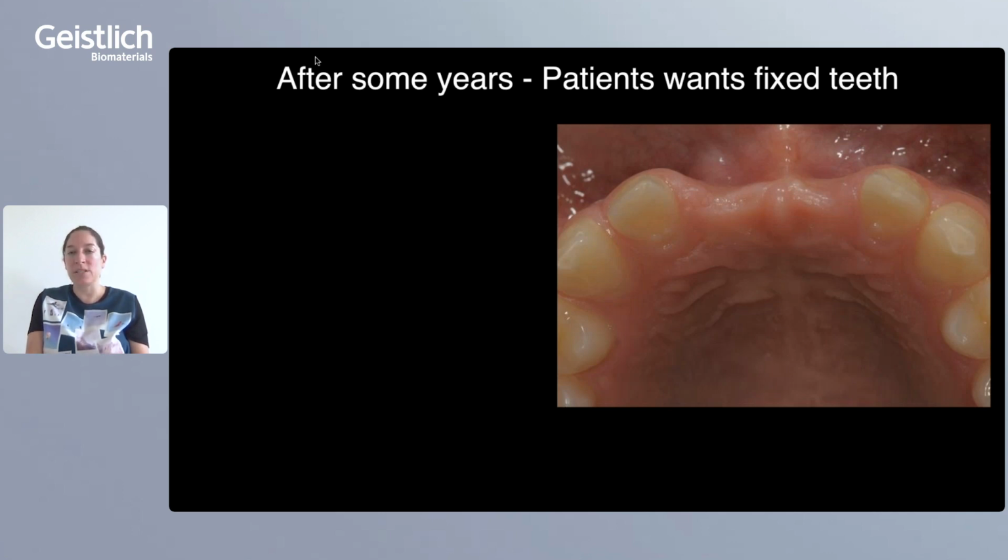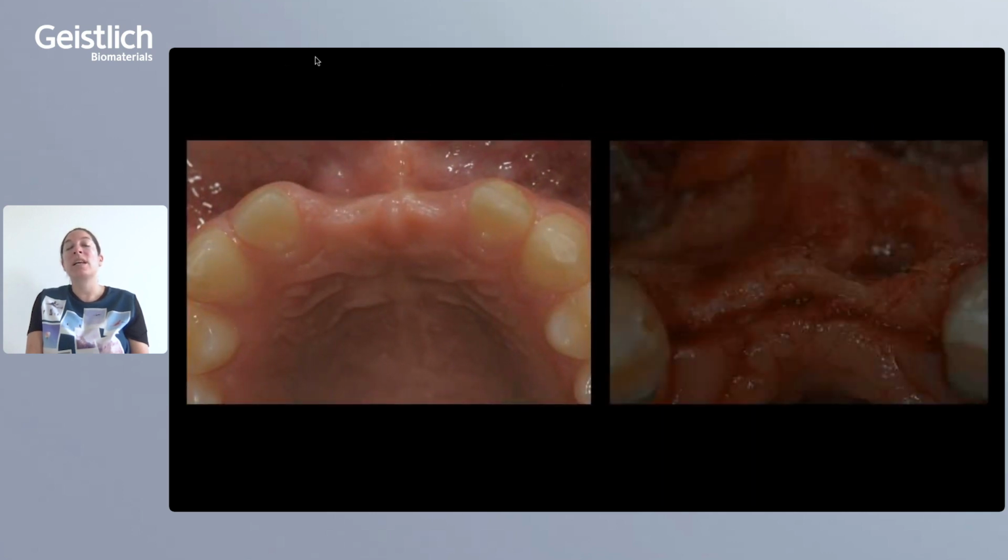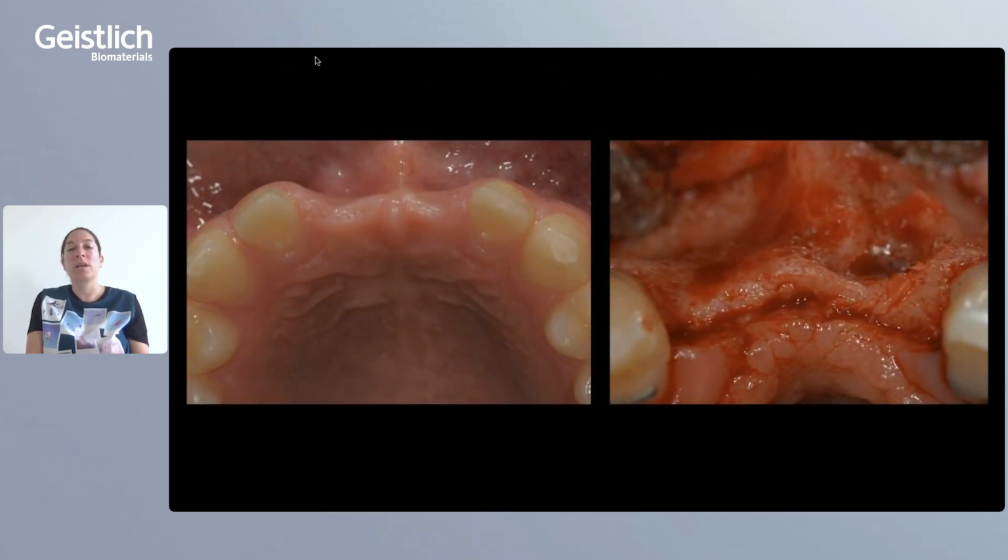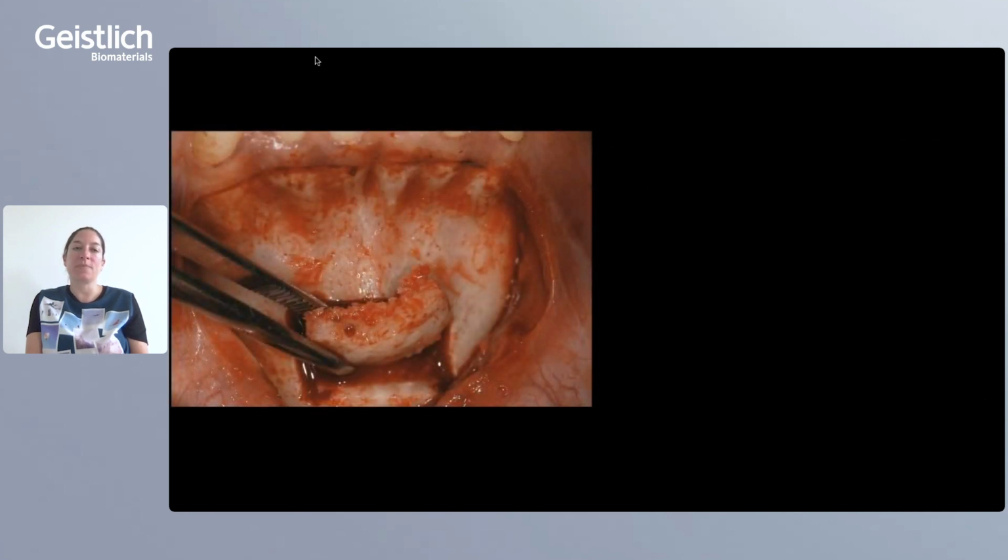You see, especially at the buccal aspect, we have lost a lot of volume, not only on the level of the bone, but also on the level of the soft tissues. When we elevate the flap, because we have planned implant placement, we see that there is not much of the bony ridge present. So what do we have to do in this case?